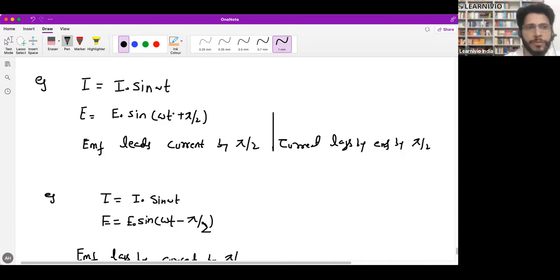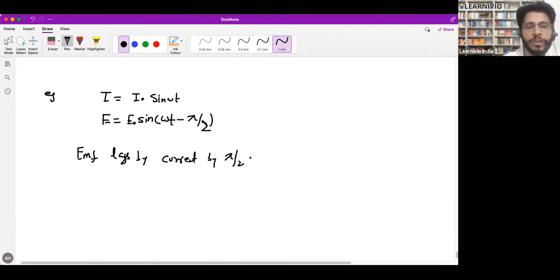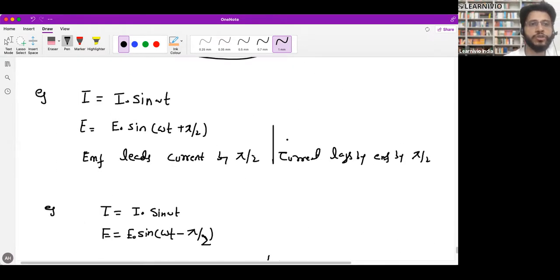These two statements are the same. Either you say that EMF is ahead of current, or that current is behind EMF, the same thing. So here you say EMF lags current by pi by 2, or that current leads EMF by pi by 2. That's the same thing. Okay, just note it down.